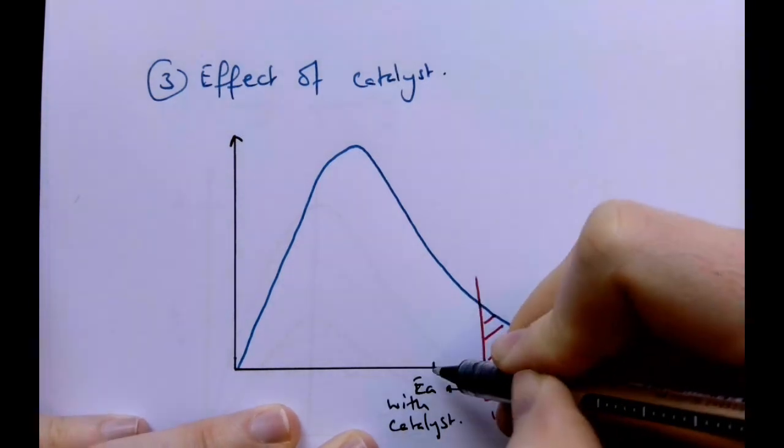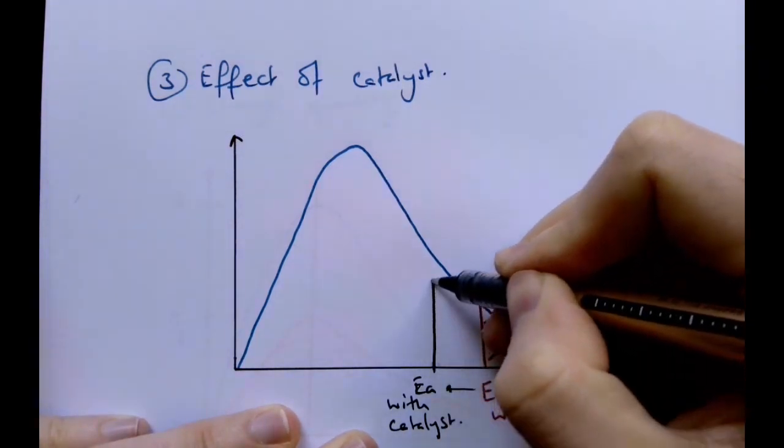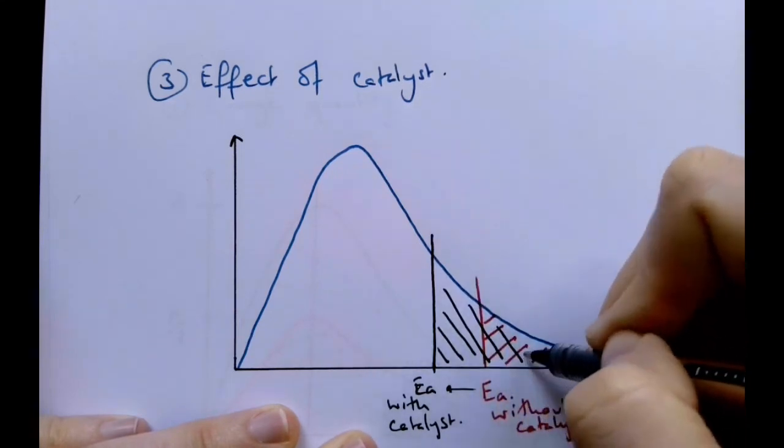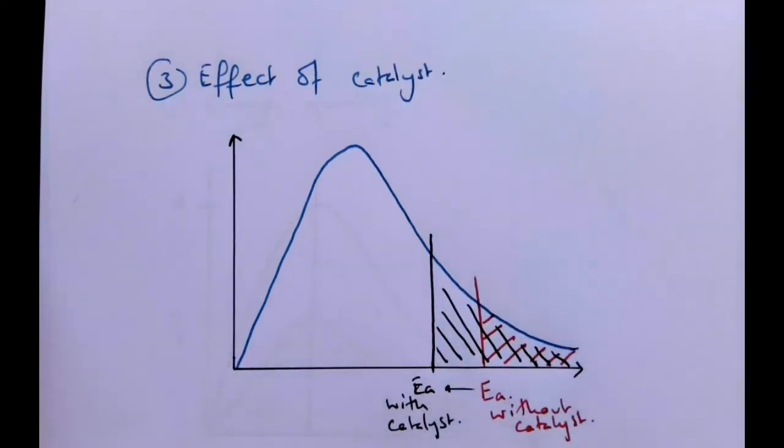Now we can see that the number of particles with the activation energy has increased. I've not added any more particles, I've not changed the energy that the particles have, but because I've decreased the activation energy, the number of particles that exceed that energy has increased. And that is it.